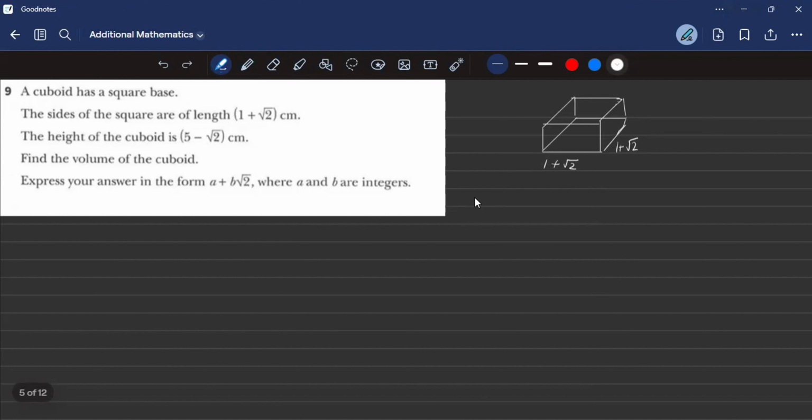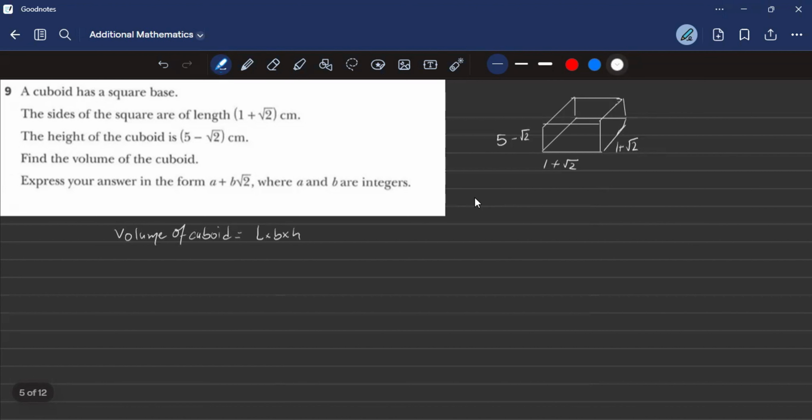Now the height they've told us is 5 minus root 2. And they've told us to find the volume. So what is the volume of the cuboid? Volume of cuboid is length multiplied by breadth multiplied by height.